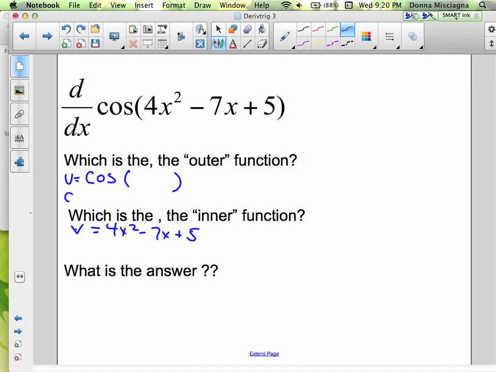The derivative of the outside is going to be negative sine blop, and let's fill in the blop: 4x squared minus 7x plus 5. The derivative of the 4x squared minus 7x plus 5, that's just the power rule, 8x minus 7.